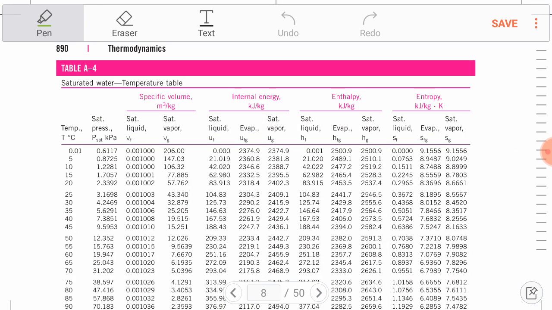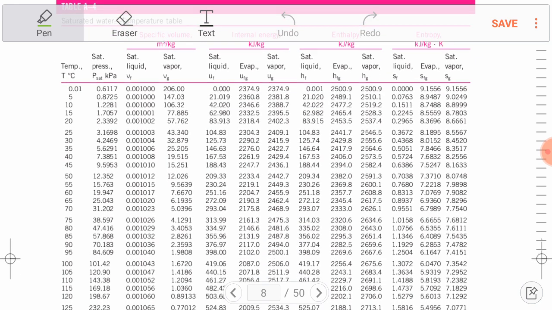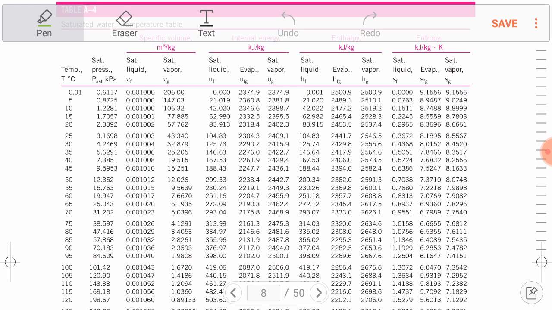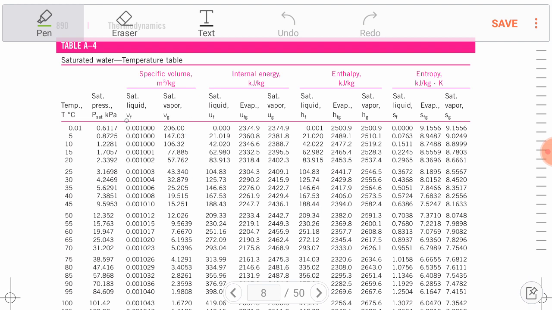So this is saturated water, like the properties in the wet dome. In the specific volume we have vf for saturated liquid and vg for saturated vapor. For internal energy we have all three properties: saturated liquid uf, in between ufg, and saturated vapor ug. And enthalpy, of course, we also have three properties.